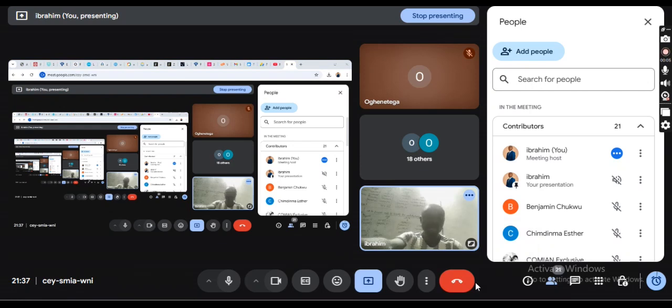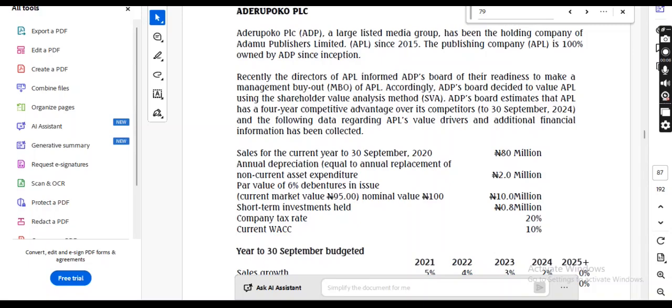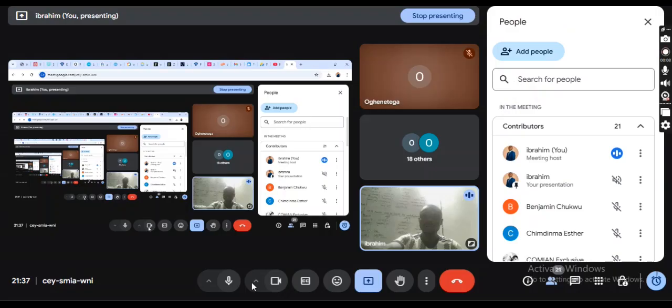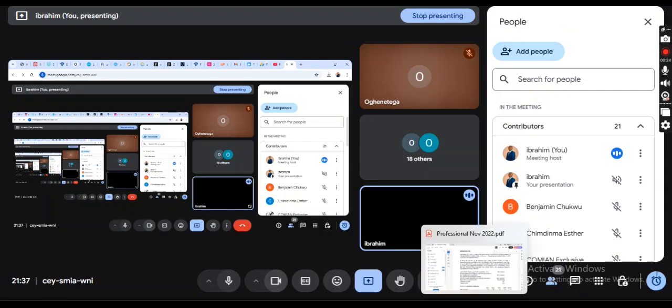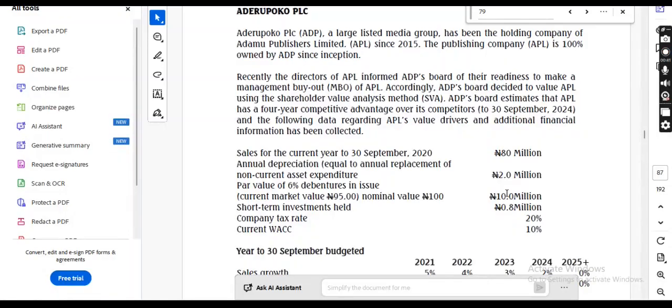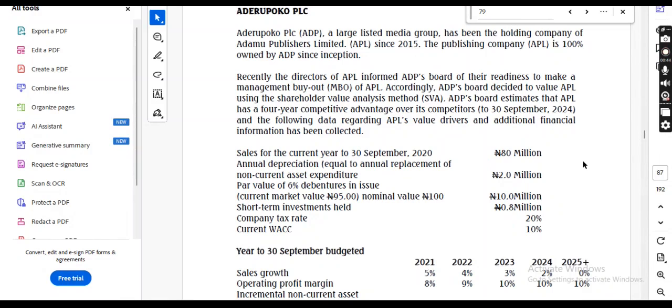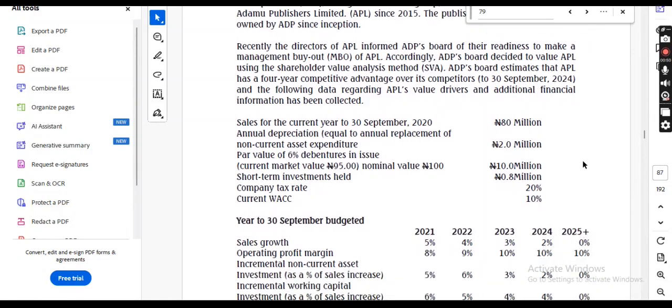APL has a competitive advantage over its competitors for 4 years. Then we're given the drivers: the sales for the current year to 30th September 2020 is this.